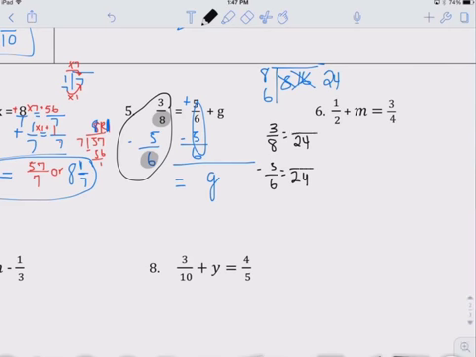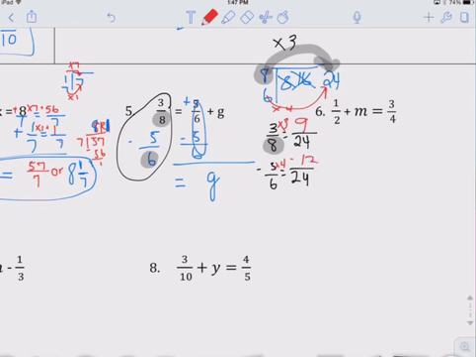Now this 8, I'm going to divide this 8 into the 24. That's times 3, so I times 3 right here. Gives me 9. This here times 4 gives me negative 12.